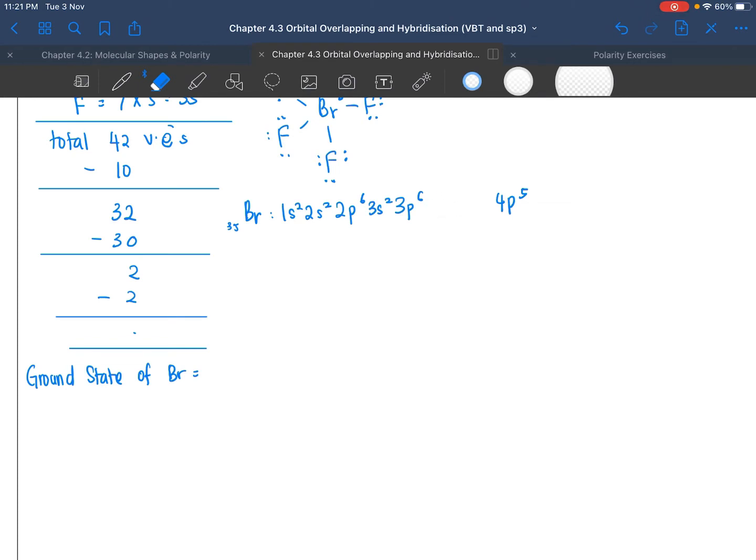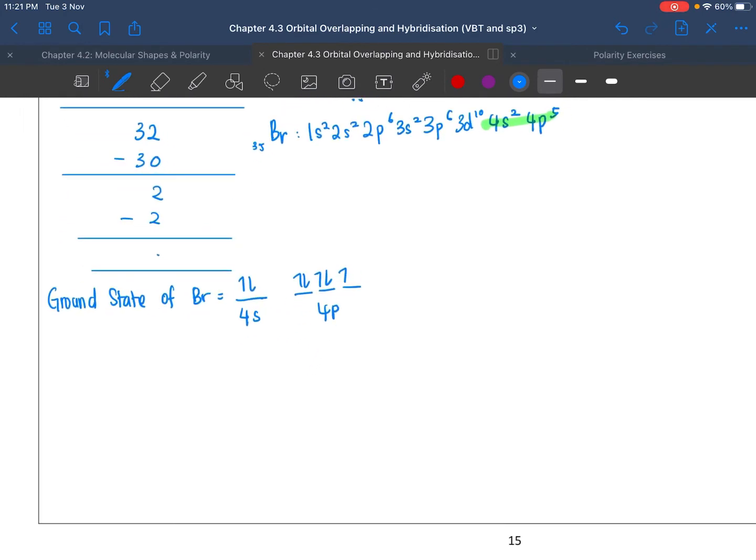So kita rearrange, so this one is 3d10, 4s2. So valence electronic configuration adalah ini, 4s2, 4p5. Okay, so kita dah tahu, so kita boleh tulis 4s2 and then 4p, 1, 2, 3, 4, 5. Okay, so that is ground state for bromine.